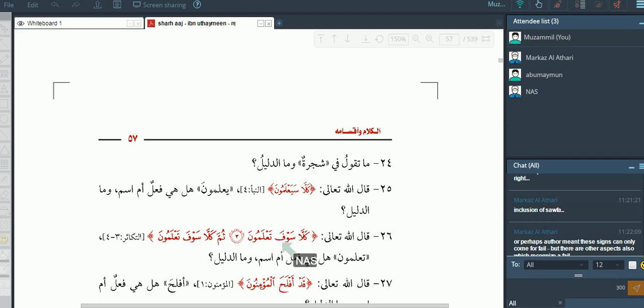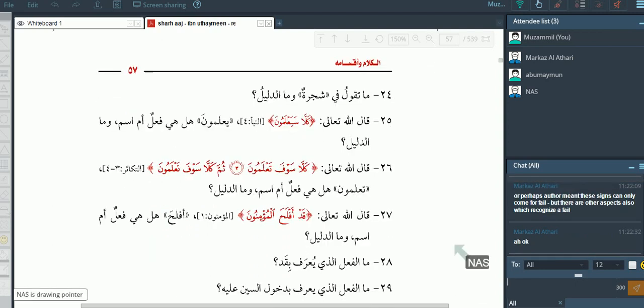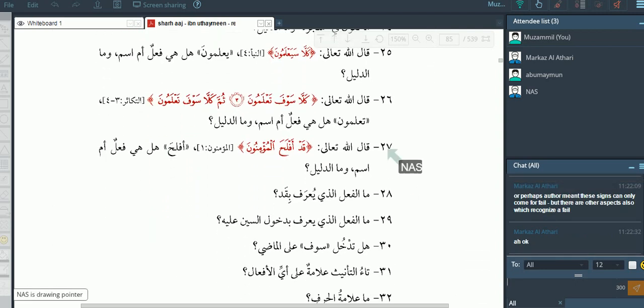So the answer here for this one, تعلمون, as you said, it's a fi'l because it's preceded by سوف. Now, Ibn Uthaimeen says that these are not the exclusive signs of a fi'l, but these are those ones which are specific, which are exclusive.